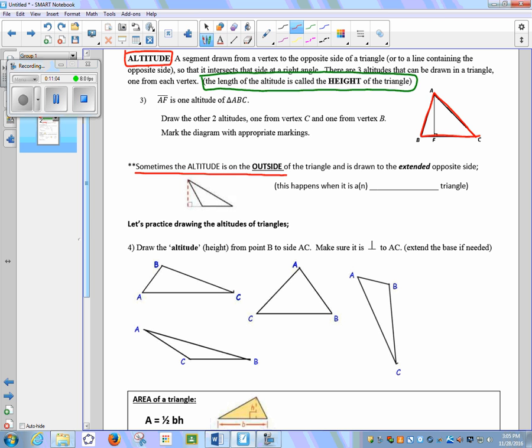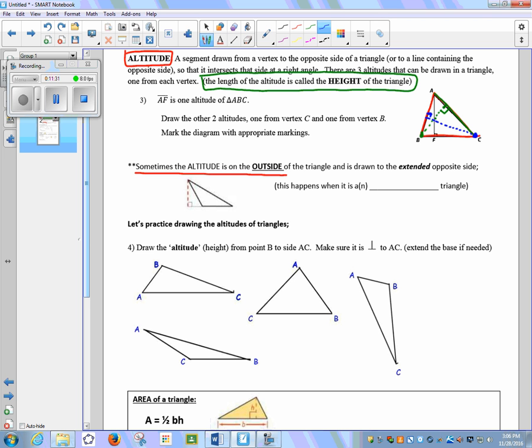If we draw the other 2 altitudes, you're going to go from B to AC perpendicularly. Now, careful, we're not going to a midpoint or anything. We have to actually make a right angle, which is sometimes hard to do. It's a little tricky. The third altitude goes from C straight down.